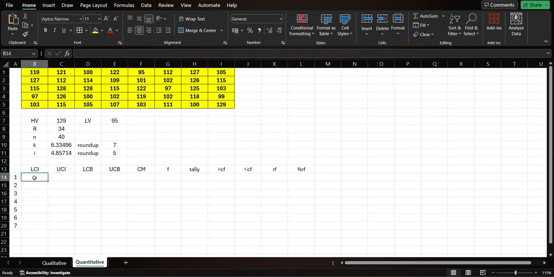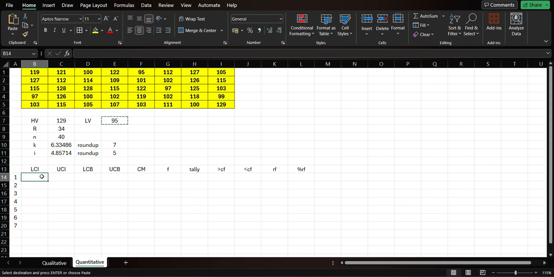So we cannot use 1 as the starting LCI. Now, we will also not use a random number for the LCI of the first group. Instead, for us to be assured that all of our data would be counted, we start with 95. All right? We start with the lowest value.